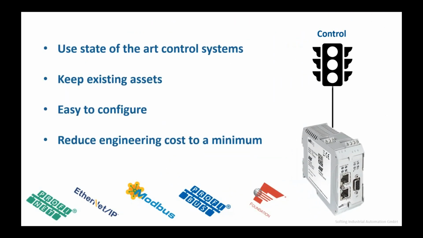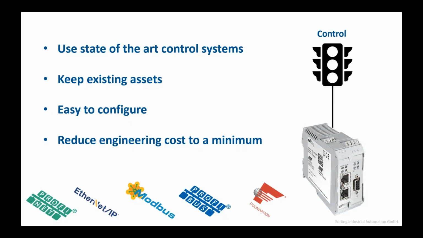Just talking about those single use cases in a little bit more detail, not too much. So what's control about? What we see here is connecting new, state-of-the-art control systems to already existing assets in your factory. So to say, you got a 20-year-old control system, Profibus DP maybe, or Foundation Fieldbus, and you want to change that up.